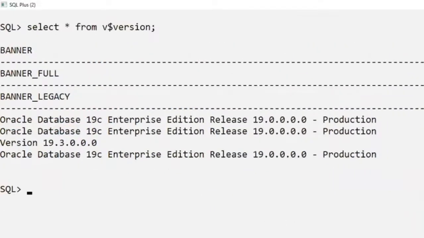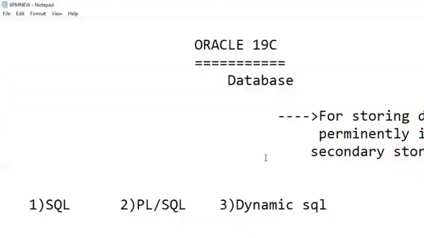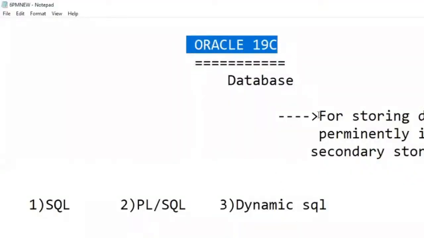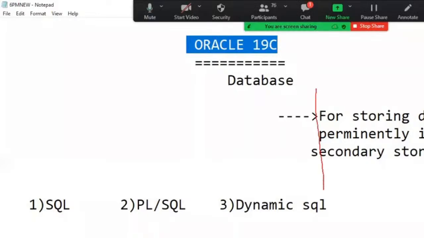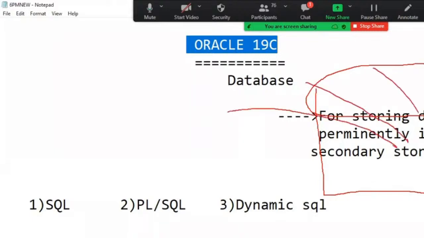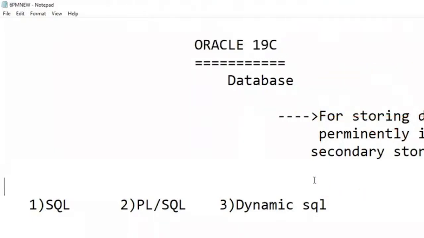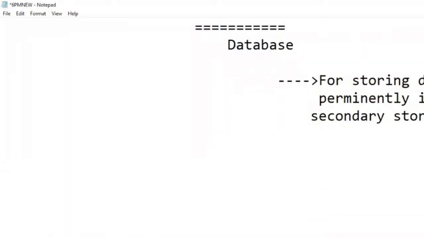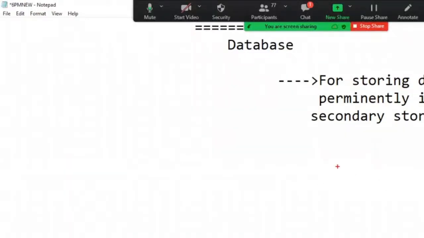What is this database? Once we install the Oracle software, automatically some place is created in a disk. In this place, we permanently store data. These databases are relational databases, and from 1970 onwards these database softwares are available.